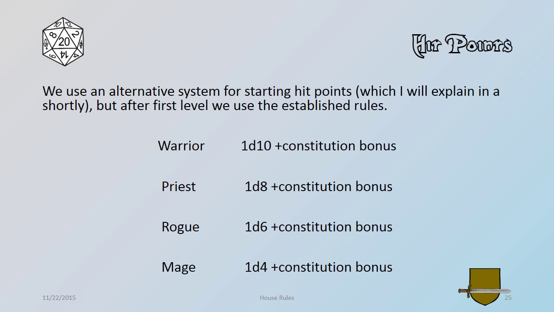When you're playing every day, that's a different story. So once you get off the first level, though, we do go right back to the warrior, priest, rogue, wizard D10, D8, D6, D4 plus your Constitution bonus.